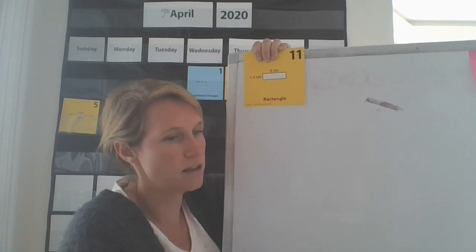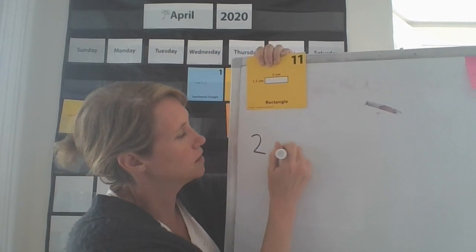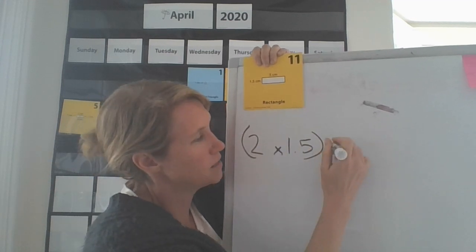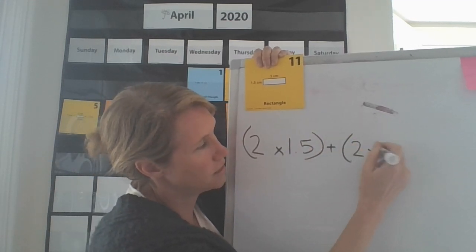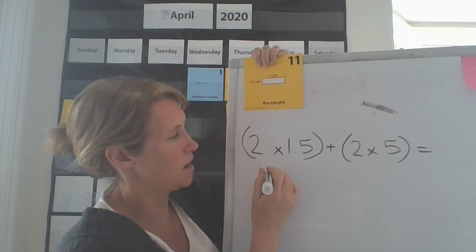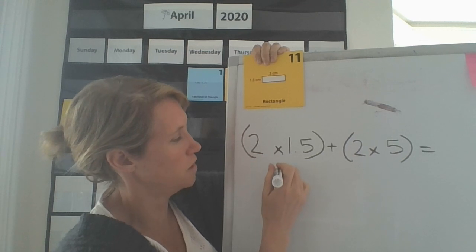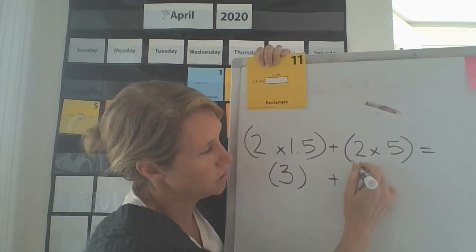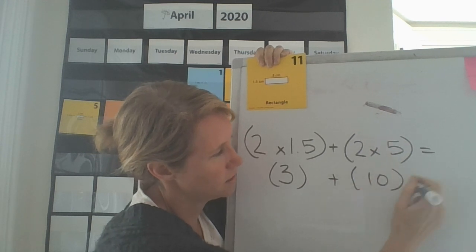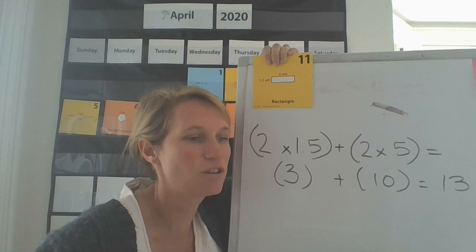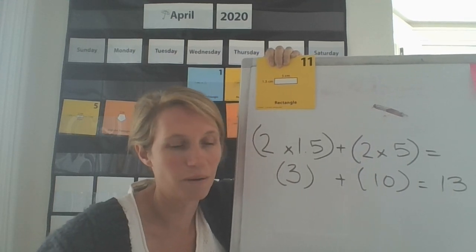I could also say, well, 2 sides are 1 5/10 plus the 2 sides that are 5. Okay, and then I could say 2 times 1 5/10 is 3, plus 2 times 5 is 10, equals 13. Okay, so those are 2 different ways I could have solved for a perimeter.